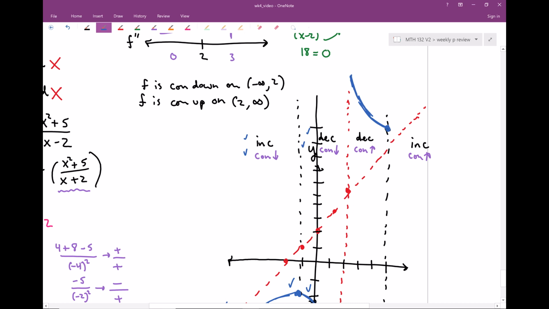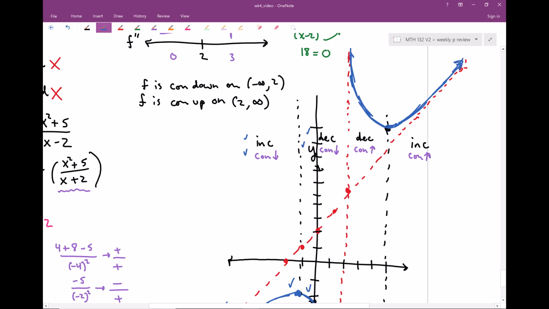And then after this critical point, it's increasing and concave up. And remember, we have this slant asymptote here, that we want to get closer and closer to. So now it's increasing and concave up, and we want to get closer and closer to this slant asymptote. So maybe something like this. Again, maybe I'll extend my vertical asymptote a little bit.